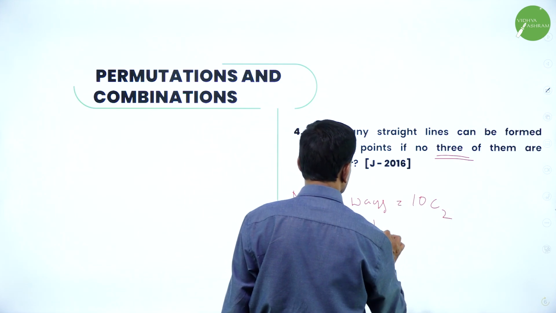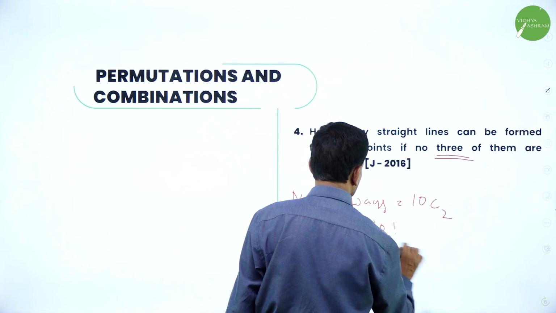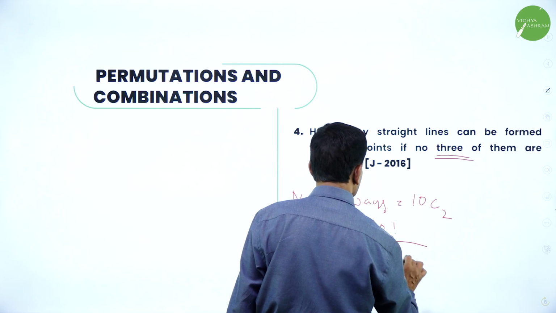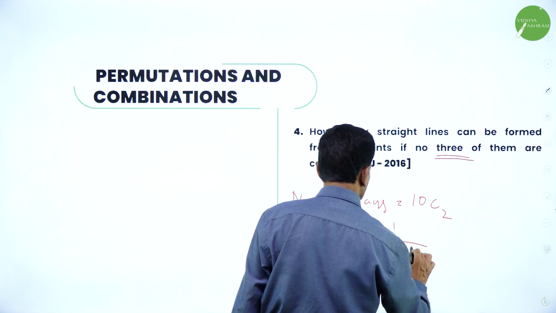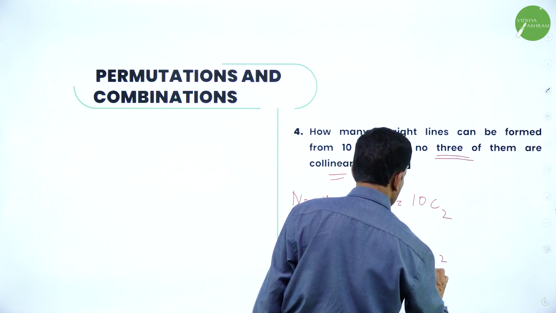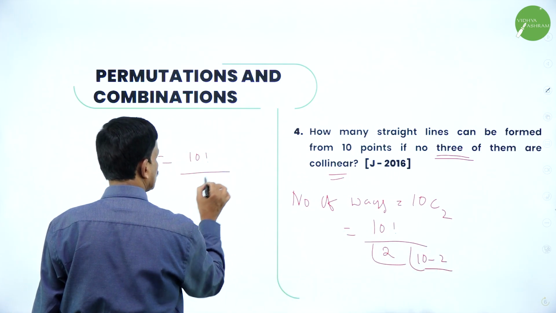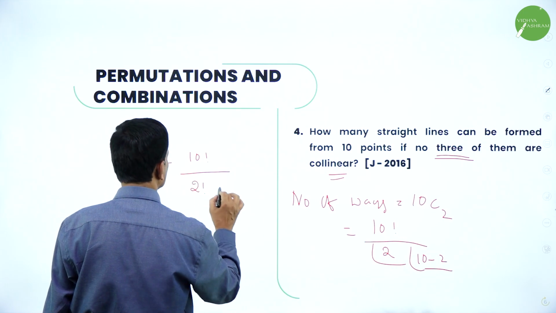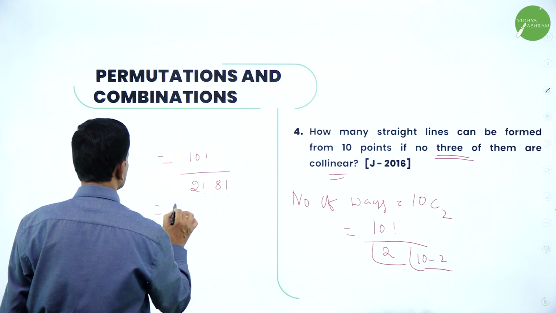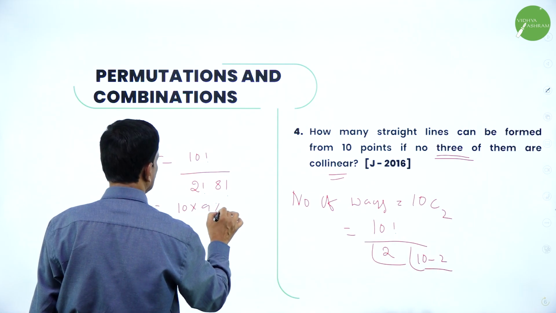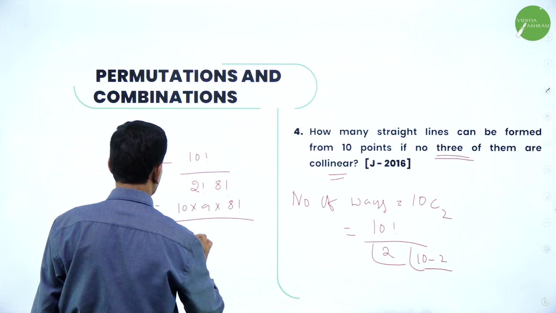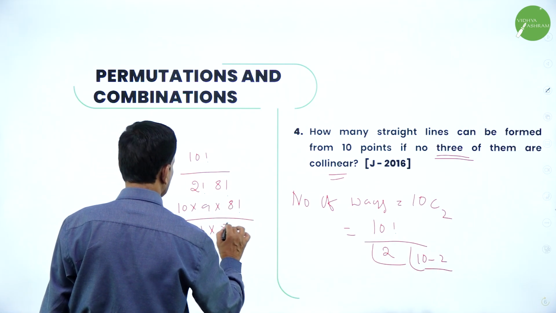That's it. So that is equal to factorial 10 divided by factorial 2 into factorial (10 minus 2). So this can be written as 10 factorial divided by 2 factorial into 8 factorial. So that is 10 into 9 into factorial 8 divided by 2 into 1 into 8 factorial.